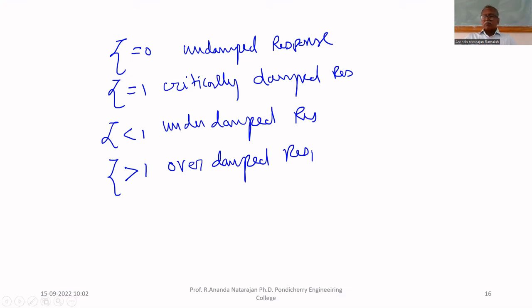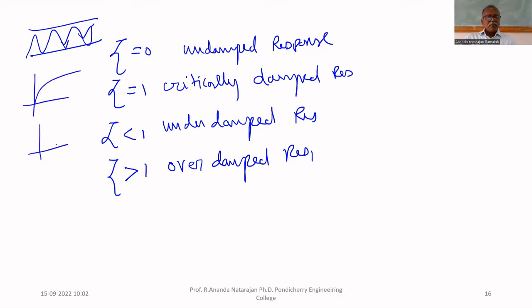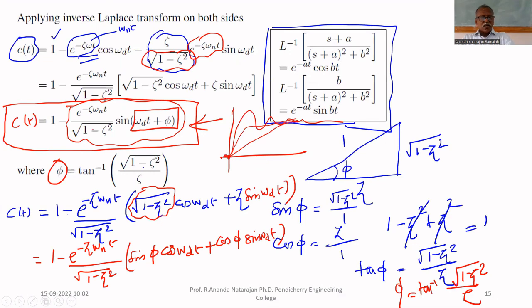So there are four types of response, depending upon zeta. Undamped means continuous oscillation without any decrease in amplitude. Zeta equal to 1 means critically damped, the smartest response. Under damped means it has oscillation and settles. Over damped means zeta greater than 1, and it takes a long time to settle. That's all.